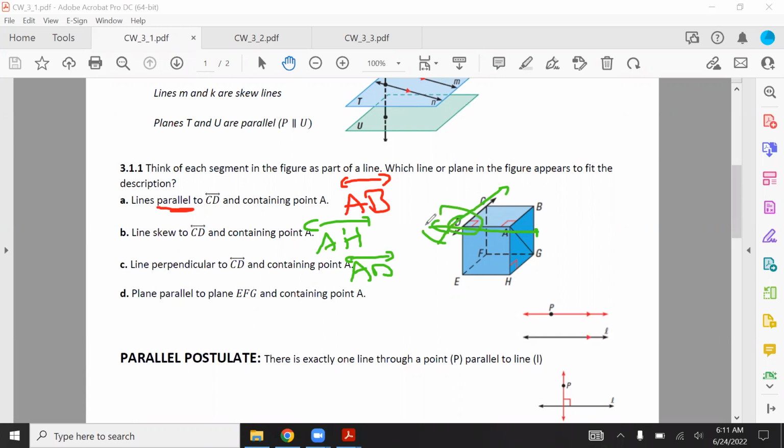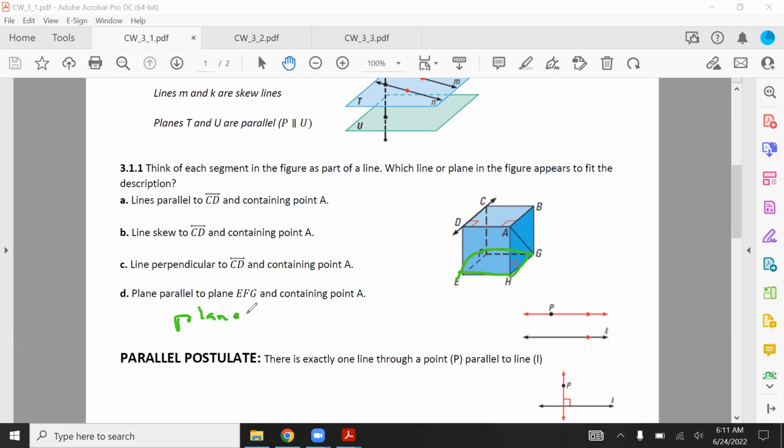Finally, a plane parallel to plane EFG. So EFG is right here. You only need to state 3 points to have a plane, but really the plane is all this right here. Also contains point H, just so you know. But a plane parallel to that plane and contains point A, that's going to be plane CDA. But if you said CDAB, that's fine. Or if you said DAB, that's fine.